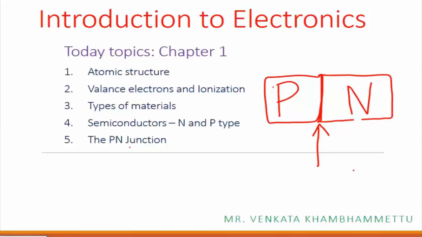In fact, this one right here is a diode. The p-n junction itself is a diode. When you have a p-n junction, there is only one junction here, correct? That's a diode. But if I add another junction, that would be a transistor. So for example, if I have another material, again, another material of n-type, now how many junctions do I have?